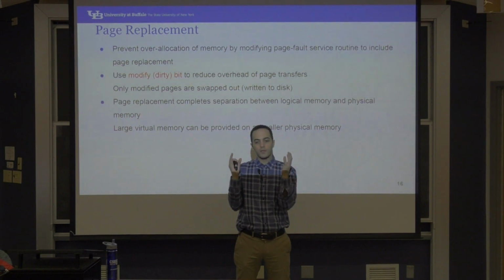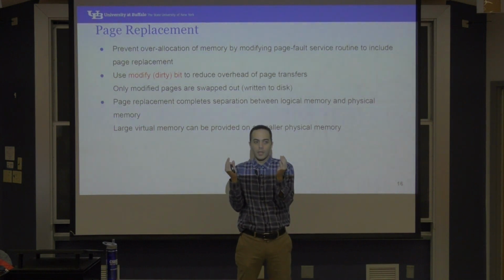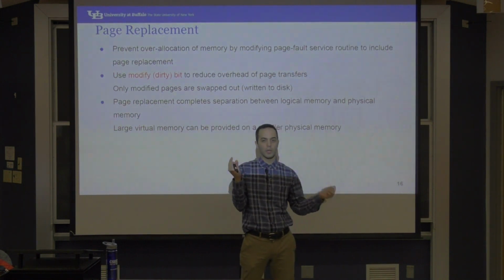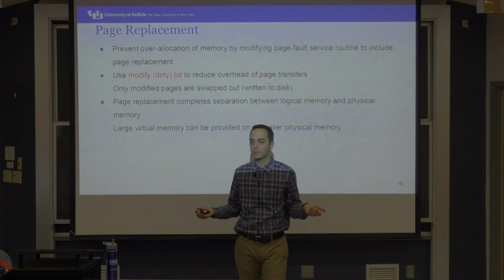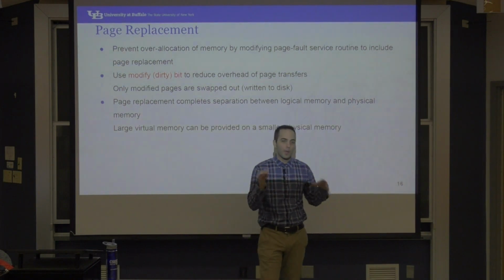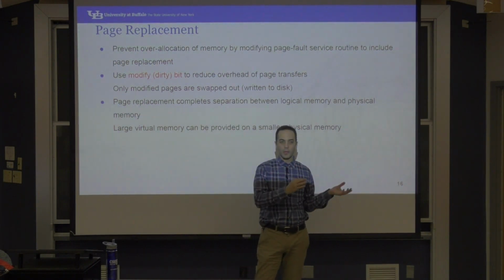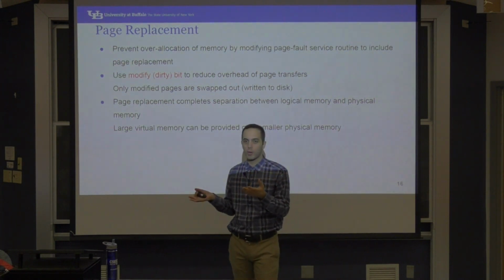Then does it make sense that I overwrite what was already there with this one? It doesn't make sense. So I only need to replace that page with this copy if it has changed. If it has not changed, I can just drop it.